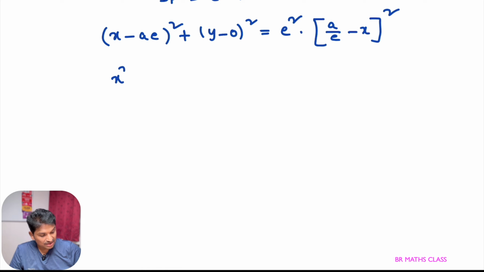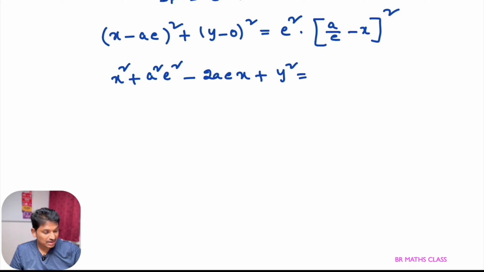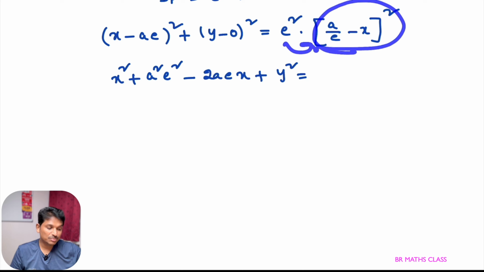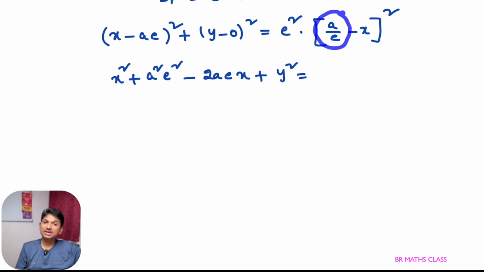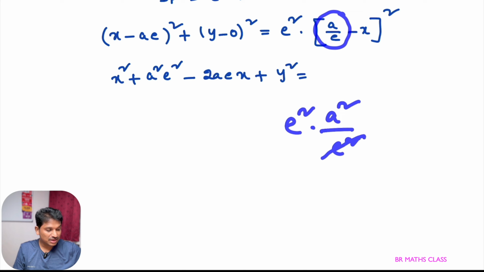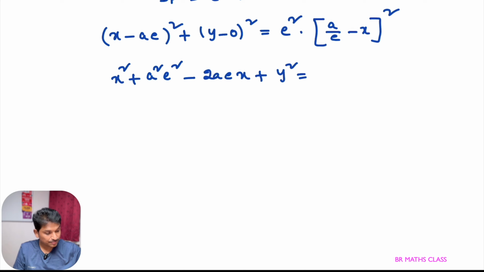X square plus A square E square minus 2aEx plus y square equal to, here what I'll do, you expand this and multiply with E square. Then what will you get? When you square this, A square by E square. E square into A square by E square, that is A square.